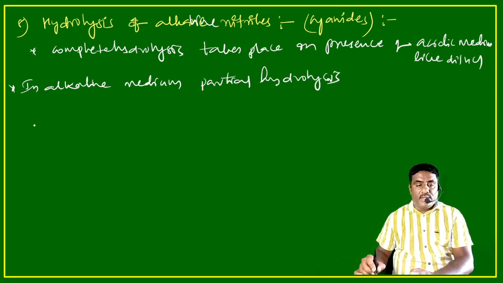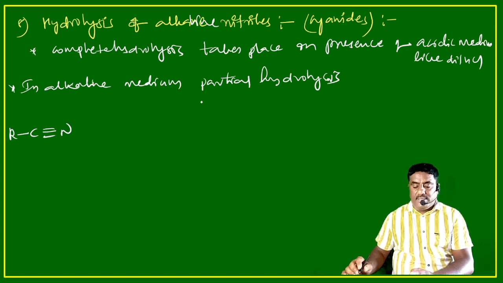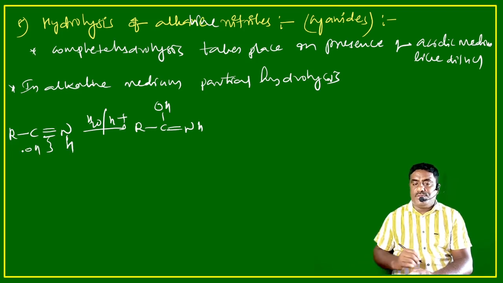I am taking R C triple bond N, an alkyl cyanide or nitrile, in presence of H2O and H plus. It forms RC(OH)=NH. Here the pi bond breaks, adding hydrogen and OH.